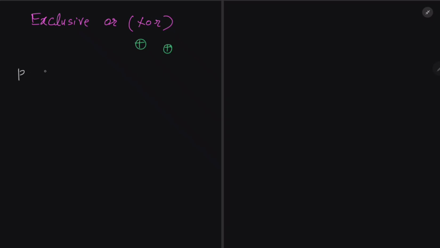Suppose we have two propositions and you want to build P exclusive OR Q. If proposition P is true and Q is also true, then you get false, since you have built a logic gate which is false when both are true.